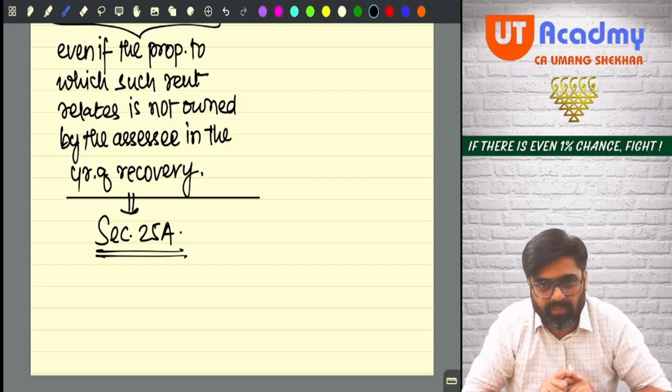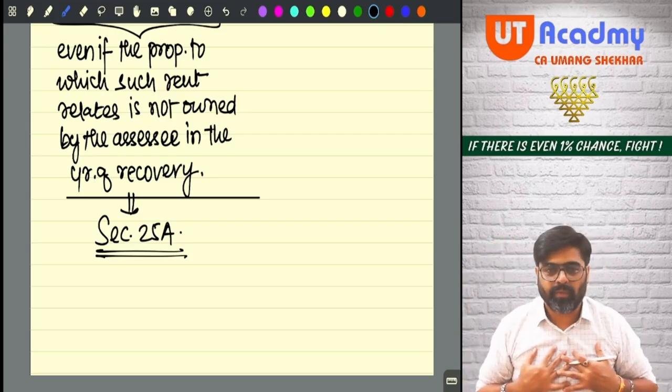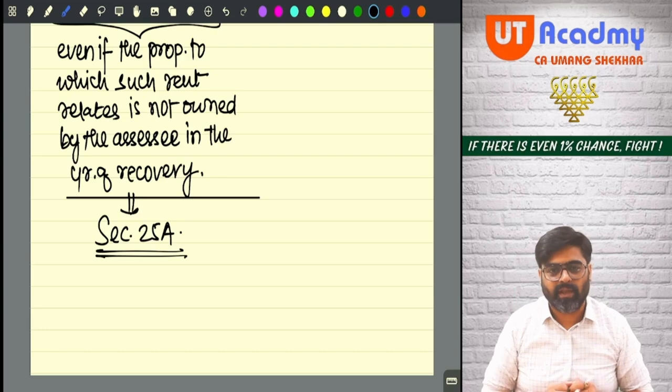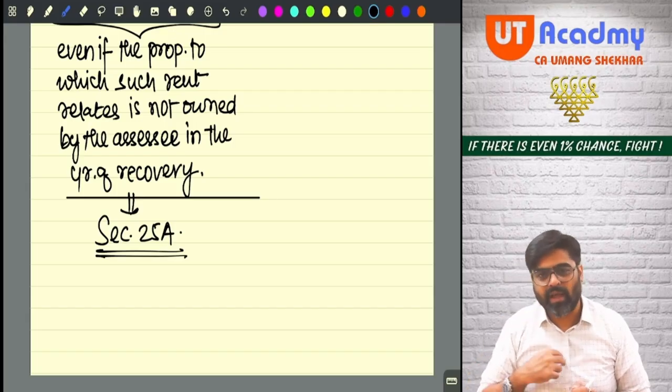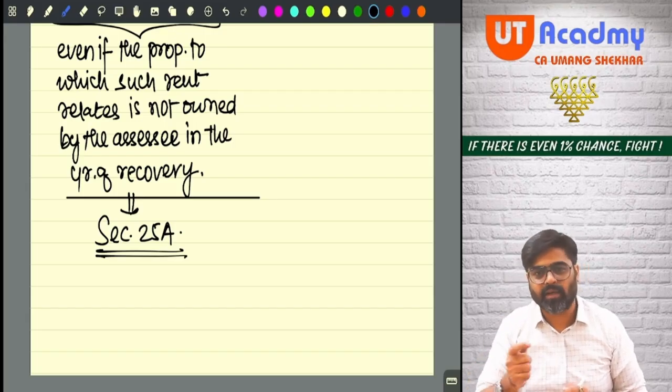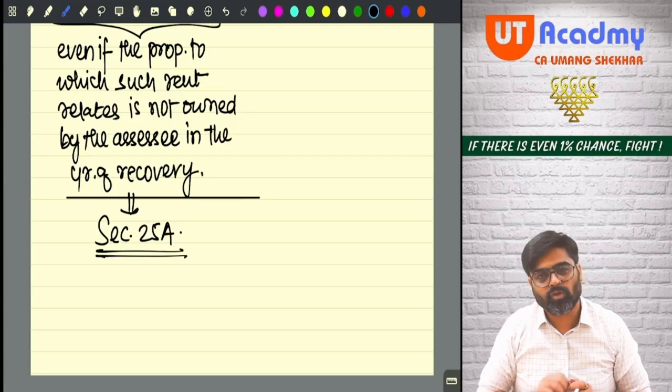For example, in any earlier year, according to me, the rent has increased and now it is 25,000. And you are my tenant. You are saying, no sir, I have read the rent agreement. According to the agreement, the increase in the rent should not be 5,000. It should be only 3,000.